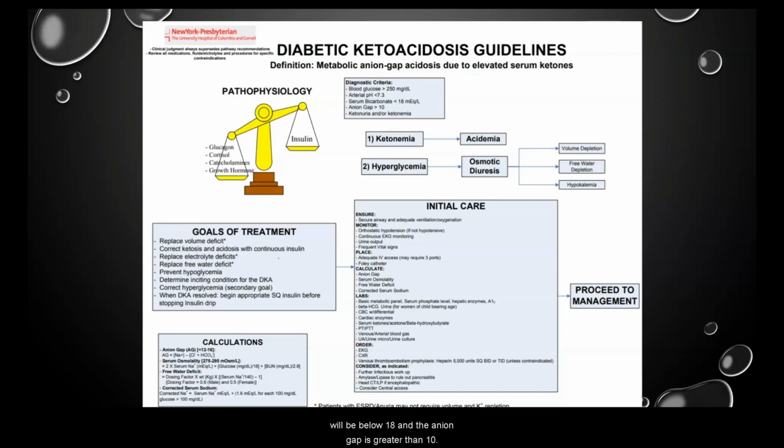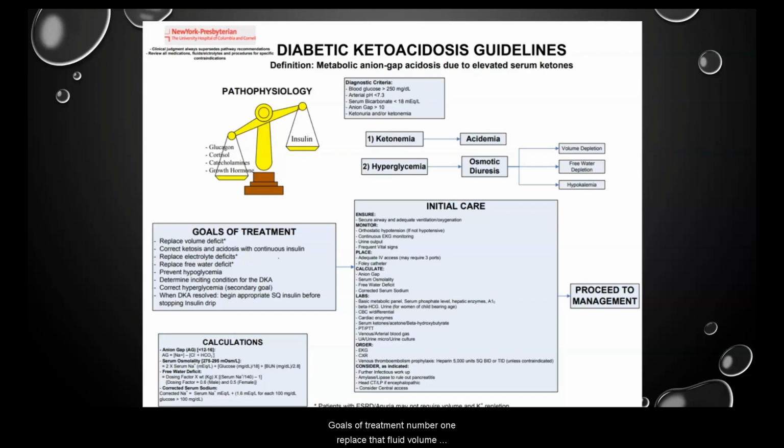Anion gap is greater than 10. You will have ketonuria and ketonemia, so elevated ketones in the urine and in the blood, and that's where our acidosis comes from. We've got hyperglycemia, which then triggers an osmotic diuresis, so the profound dehydration, volume depletion, free water depletion.